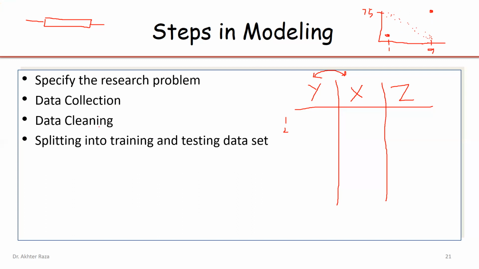You have to remove both types of outlier from the data before model learning or before fitting the model. After cleaning the data, you have to split the data file into two segments. One segment is known as the training data. The other segment is known as the testing data.